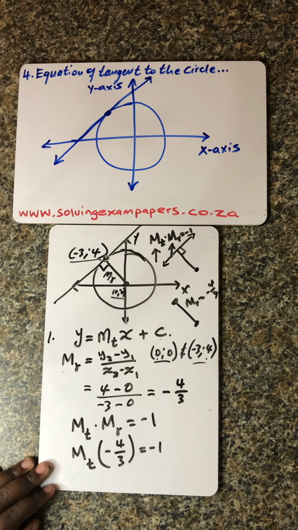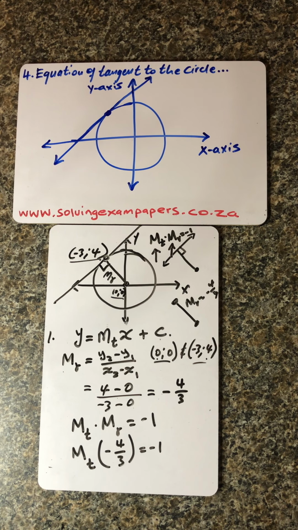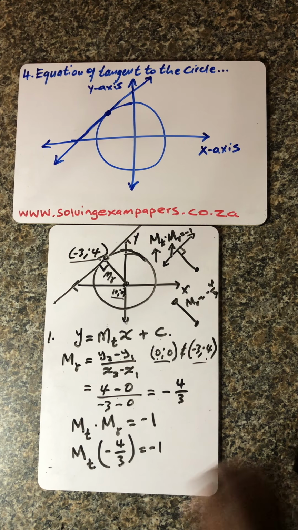One can say you cross multiply, otherwise you just say negative 1 divided by the whole of that. Whichever way you deal with this, it doesn't really matter.